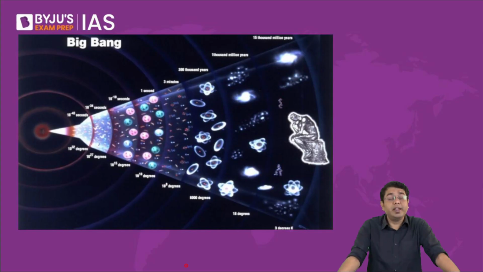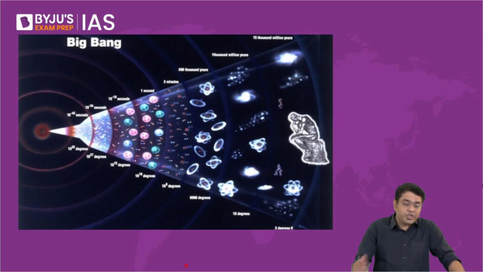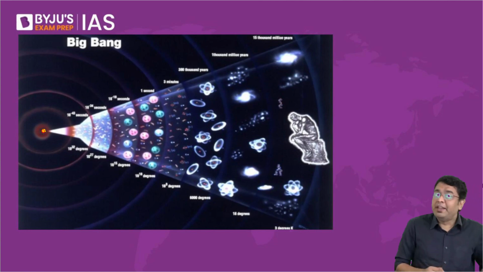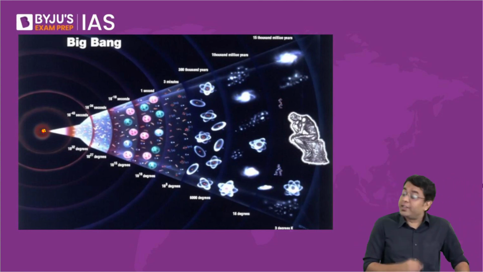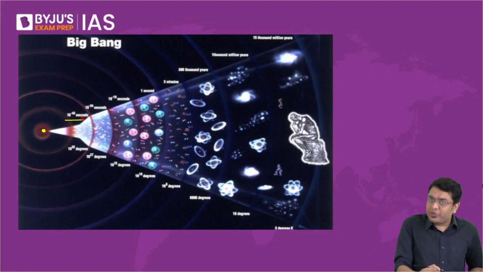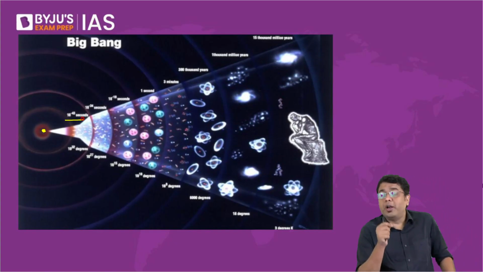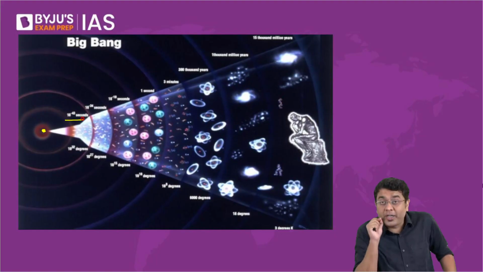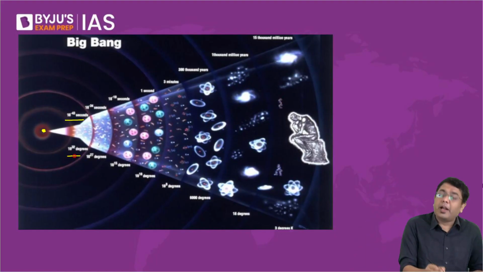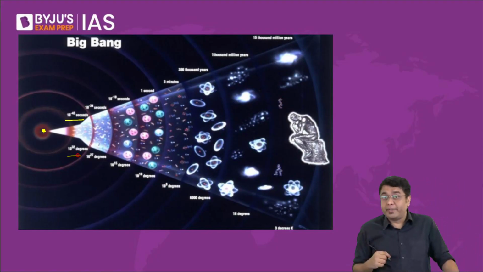This is the transition. Initially, at the point of the Big Bang, when the event took place, the temperature was very, very high. Observe that in 10 to the power minus 43 seconds, imagine how small a time window we are talking about, the temperature was around 10 to the power 32 degrees.